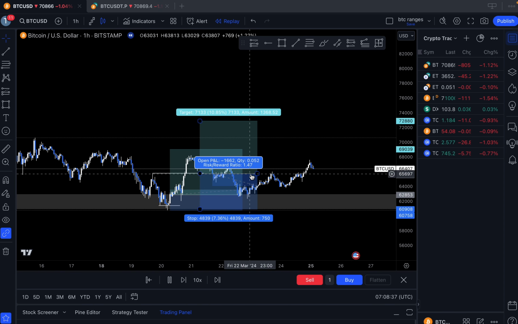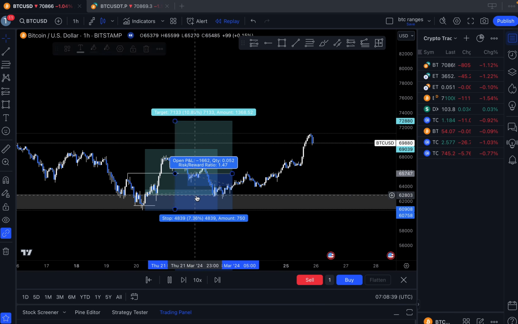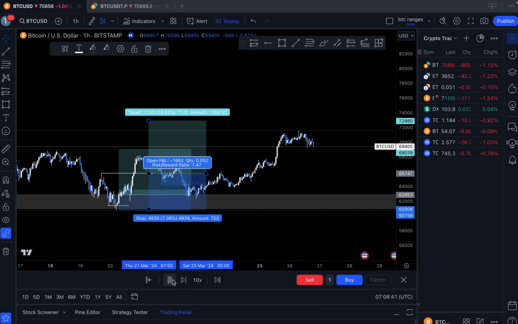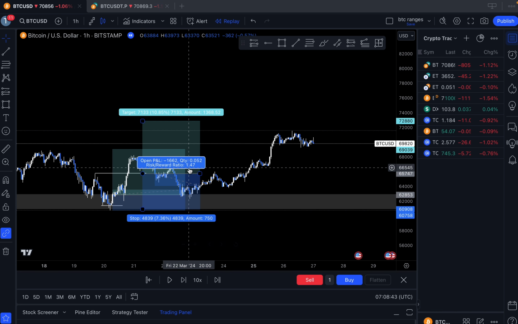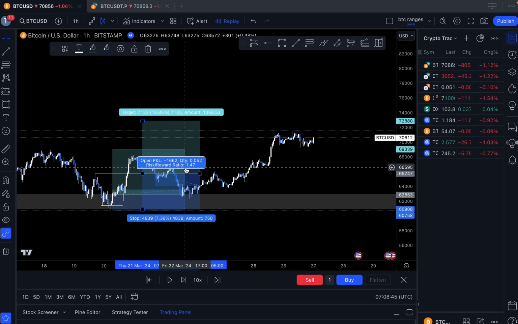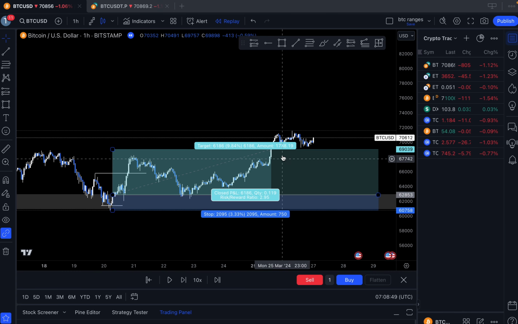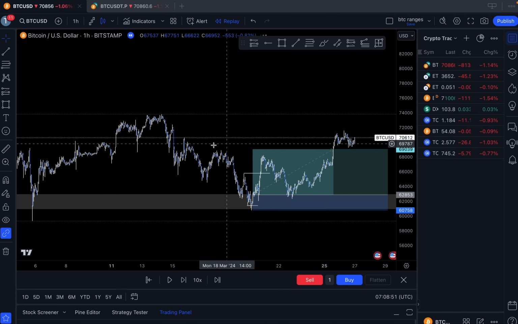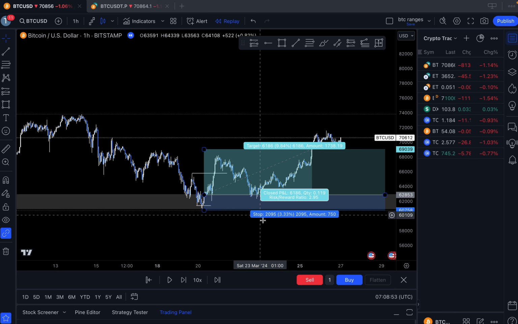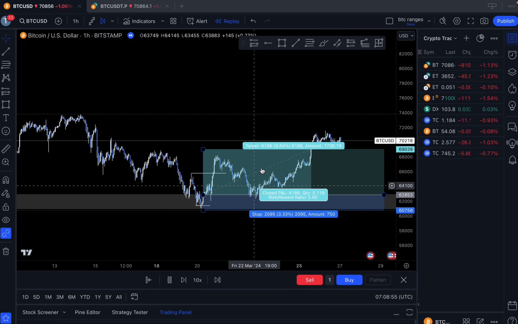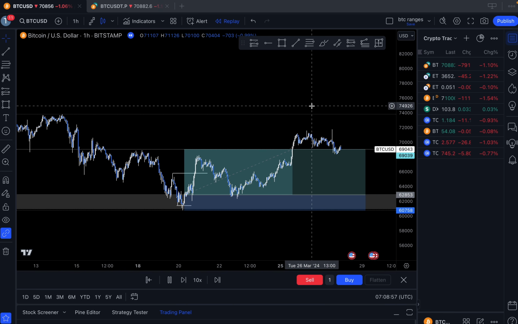So here, we would have taken profit. This one, as I said, didn't have good risk-to-reward. This one, however, you would have hit your take profit. Targeting those highs, you could have done as TP2 maybe.